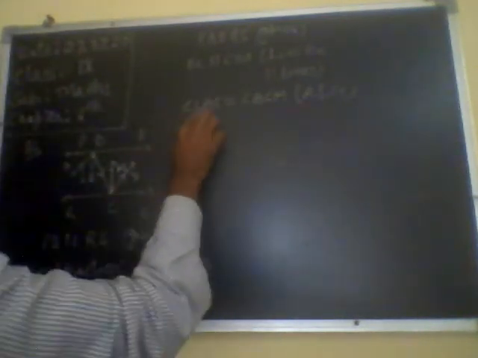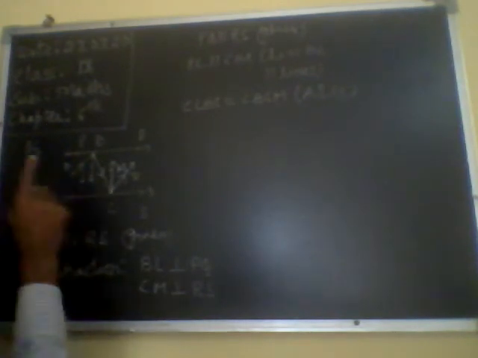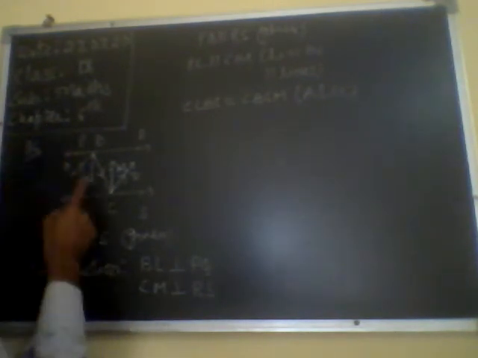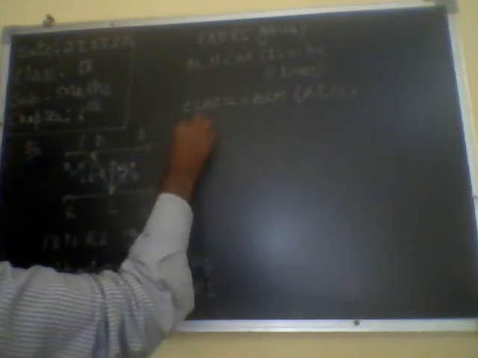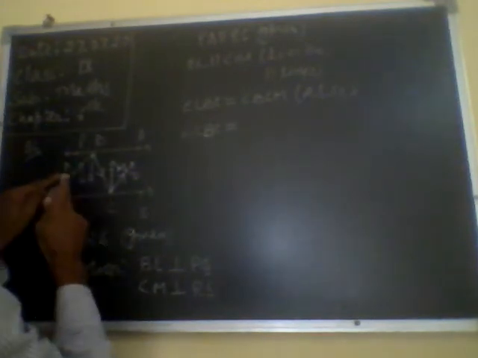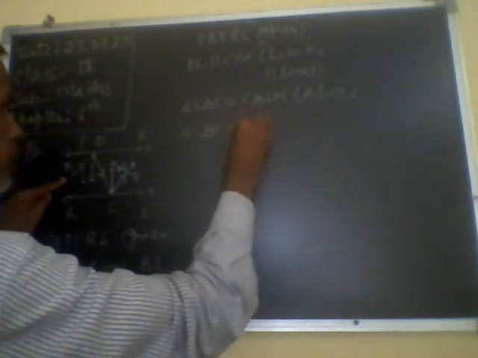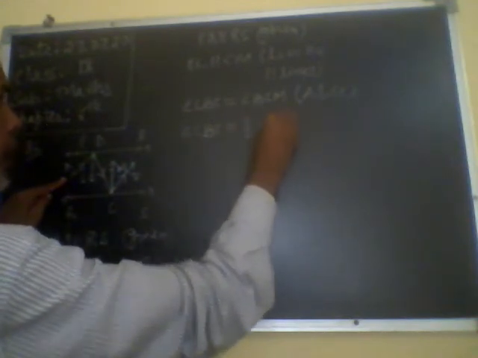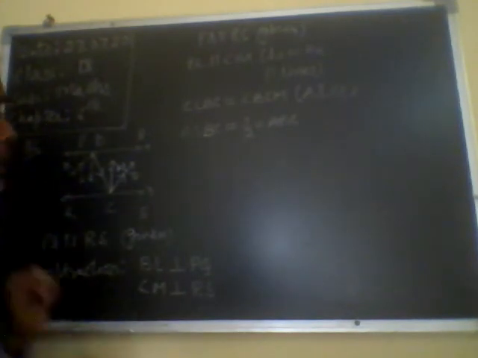Now consider angle LBC. This is the bisection of ABC. So put it: angle LBC is half of angle ABC, as it is the bisector of ABC.